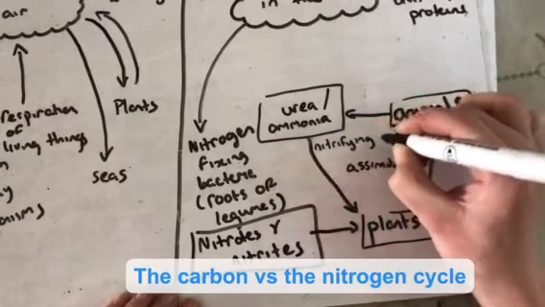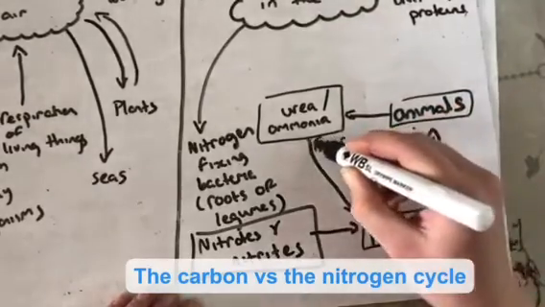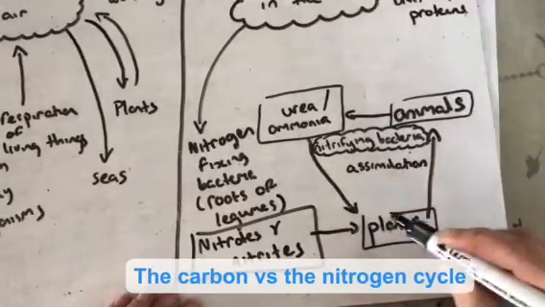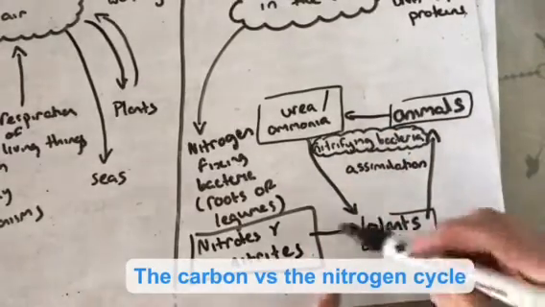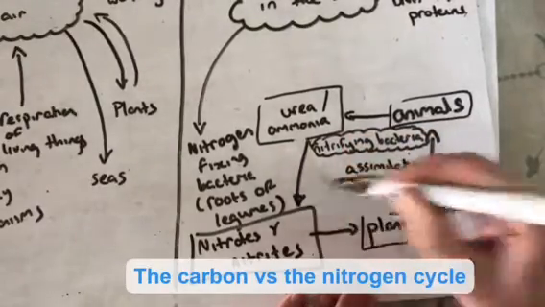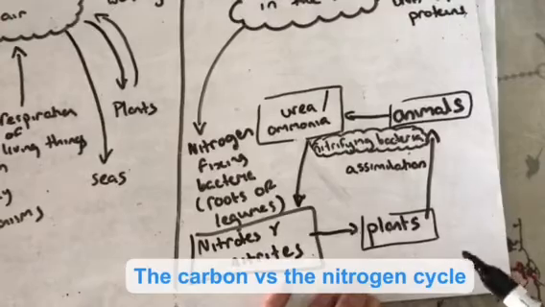Those nitrifying bacteria are able to take urea and ammonia and convert it back to nitrates and nitrites, which can then be taken up by plants again.